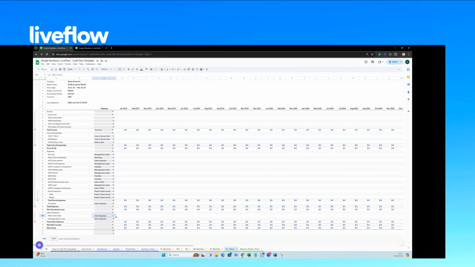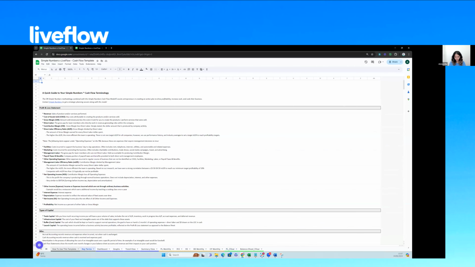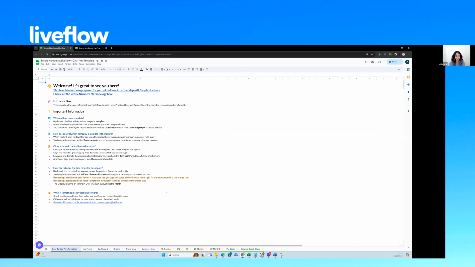Yep, we're set. Okay, so I'm just going to keep this brief because I know everyone's here to hear Greg really dive deep into this template. So I'm just giving a quick overview, and then Greg, I'll hand it over to you to really deep dive into what this template is trying to do. So to start off with, this template was built in collaboration with Simple Numbers, and the design and methodology is entirely by them.